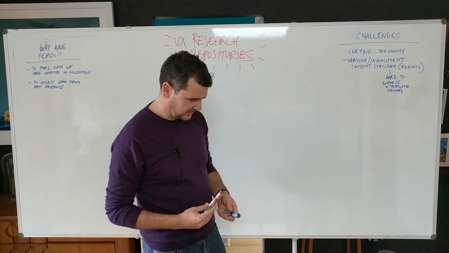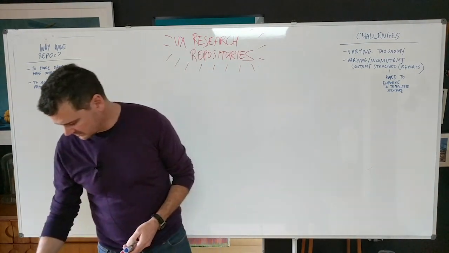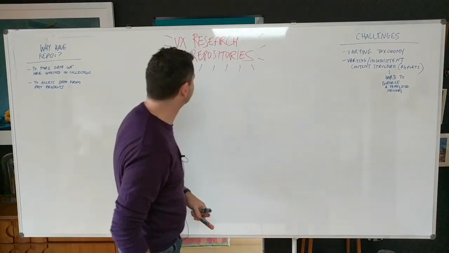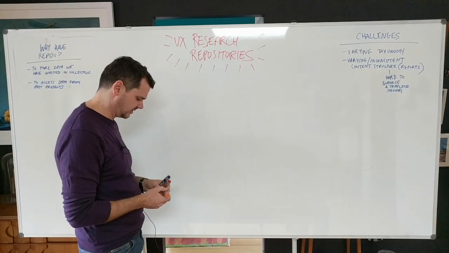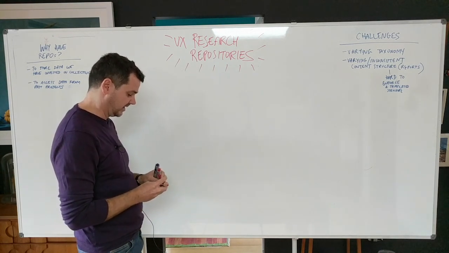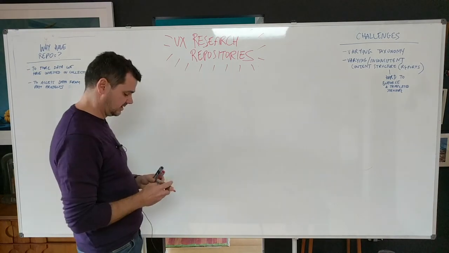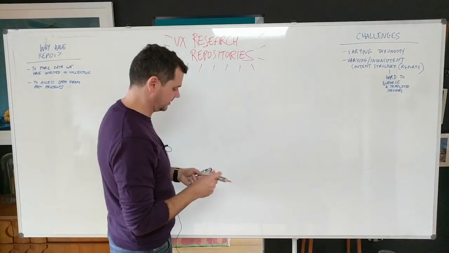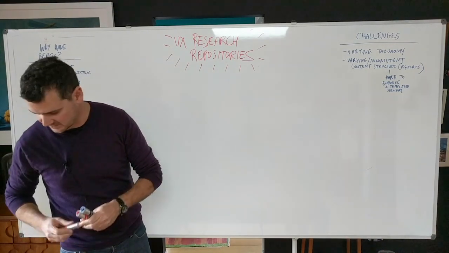So I think when you're working on your data repository, your research repository, there are some things that you're going to have to work around or work with. And I'm picking different colours arbitrarily. Why not? Actually, I think I'll avoid orange because it's going to be hard to read.